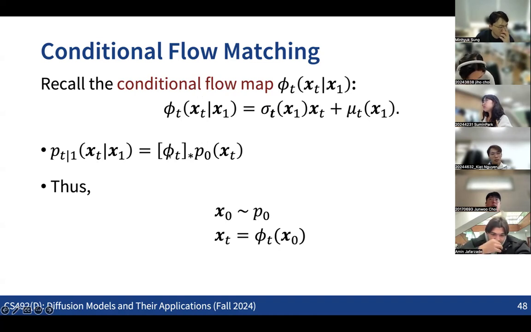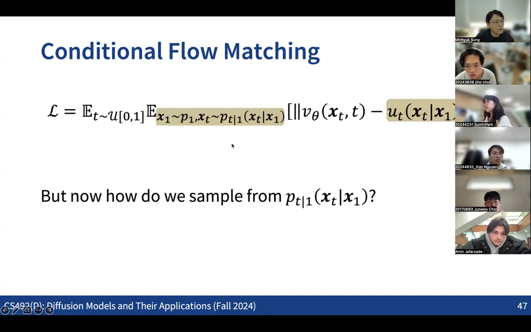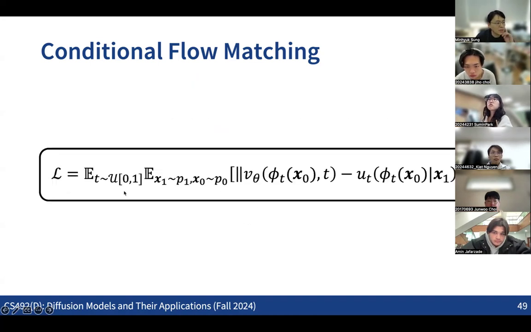So we can do a push forward operation: we first sample x0 from p0 like this, and map it to x_t. So sampling x_t given x1 becomes sampling both x1 and x0.